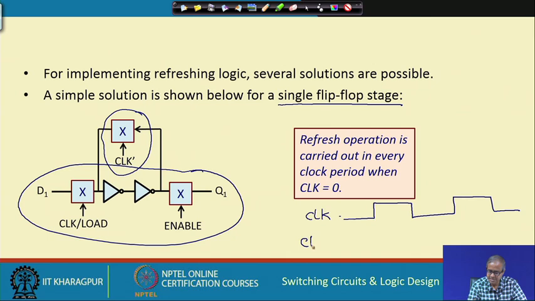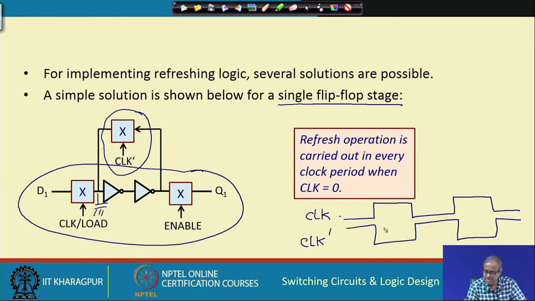So, if I say NOT of clock, it will be just NOT of this. When clock is high, this gate is open and whatever there is in D 1 gets stored as charge on this capacitor which is here, right.